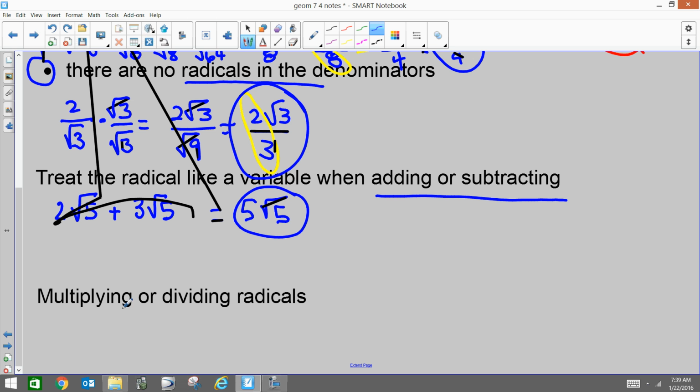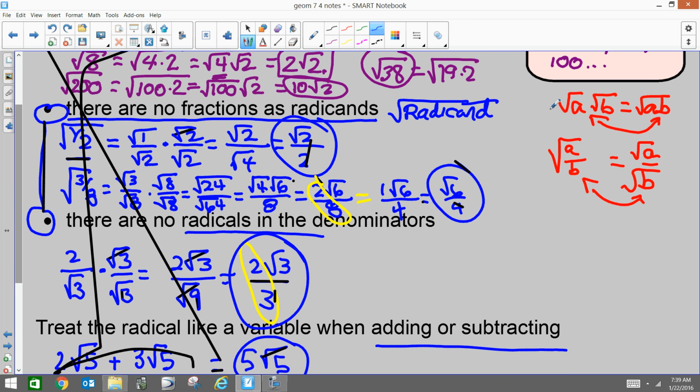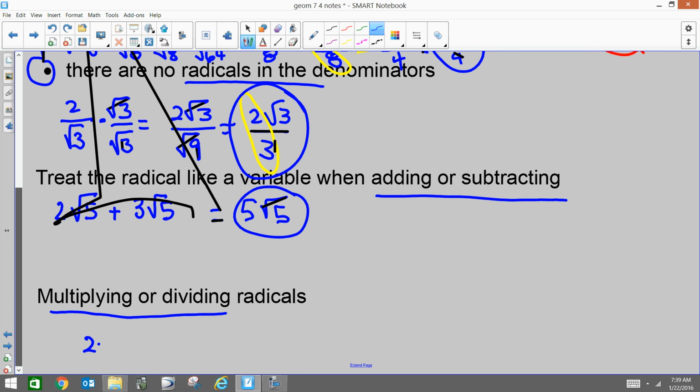All right, let's say I want to multiply radicals. So we're going to basically go back to this. 2 radical 5 times 3 radical 5. Okay? So 2 times 3 is 6.